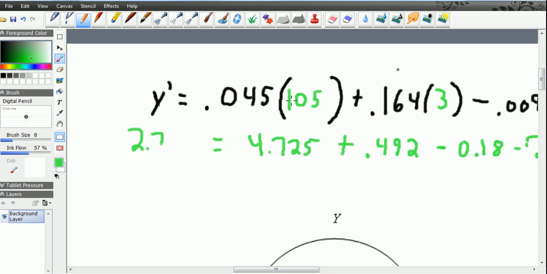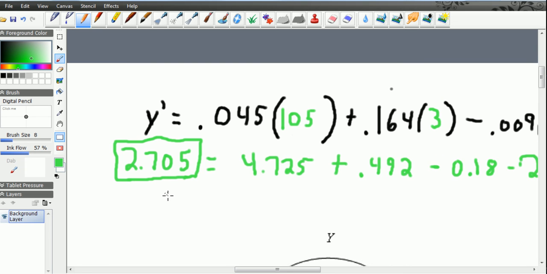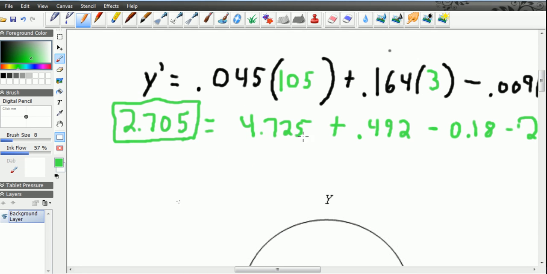So if this was a good equation, which it looked like it was, although it was hypothetical data, we could have some degree of certainty that this person would have a GPA of around 2.705. However, we're not going to get into it now, but we could compute confidence intervals around this point estimate to see how precise our estimate might be.